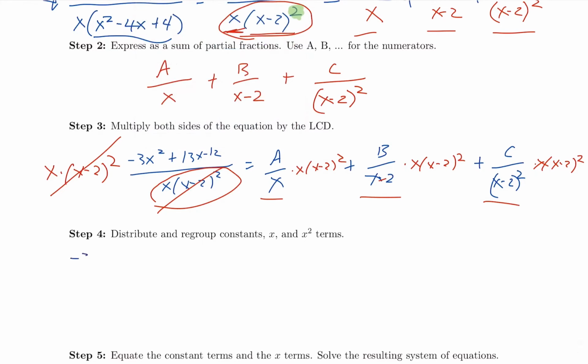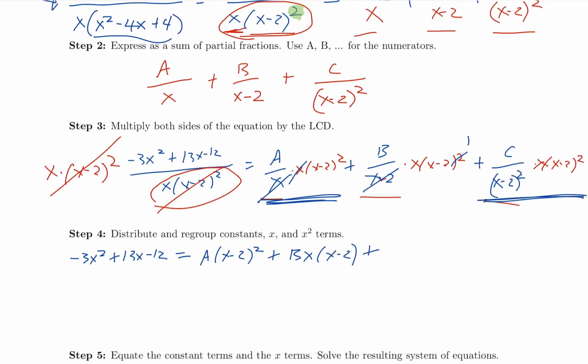I have negative 3x squared plus 13x minus 12 equals, now on this one, x cancels out, so I have a times x minus 2 squared, plus here x minus 2 and one of the x minus 2 cancels out, so I'm left with bx times x minus 2, plus, and then on this one, x minus 2 squared cancels out, so I just have cx left.